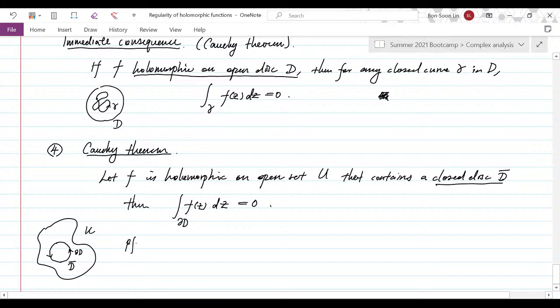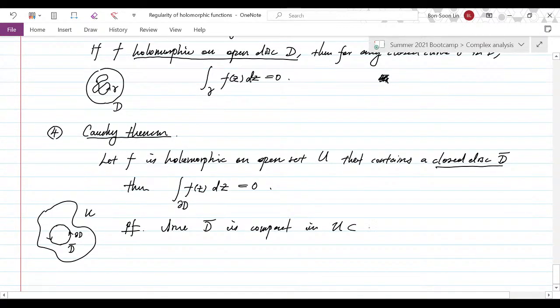So proof, okay. Since D bar is compact in U, which is a subset of the complex plane, we use Heine-Borel to prove this.